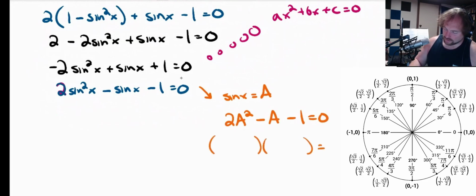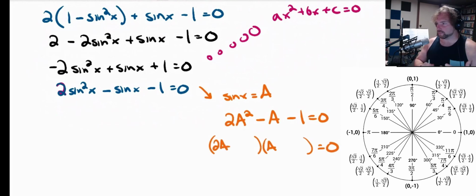We're going to think, okay, I need 2a and I need 1a right there. And I need something that multiplies to negative 1, so plus 1 and minus 1. And you have to strategically place those so that the 2a squared comes out positive and that comes out negative. So I think this works. No, it doesn't. Did I do this wrong? No, I'd have to make them both... Hang on.